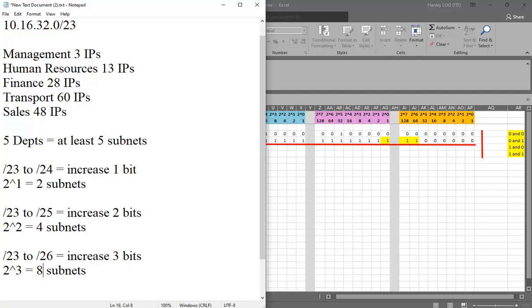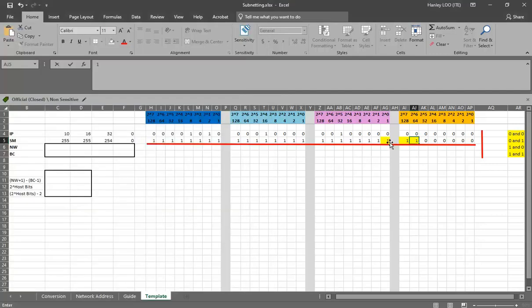After determining the number of bits to borrow and the new subnet mask to be used, in order to calculate the network address, which is the first address of every subnet, you make use of the values that we used when we learned how to convert between decimal and binary.